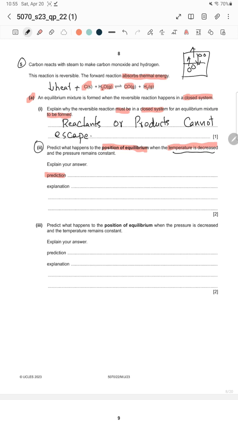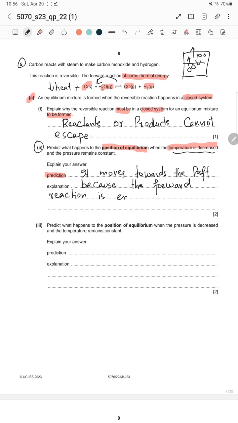In order to balance this amount of heat, the position of equilibrium will shift towards the left, towards the reactants. So the position of equilibrium moves towards the left, or towards the reactants, and the reason for this is because the forward reaction is endothermic.